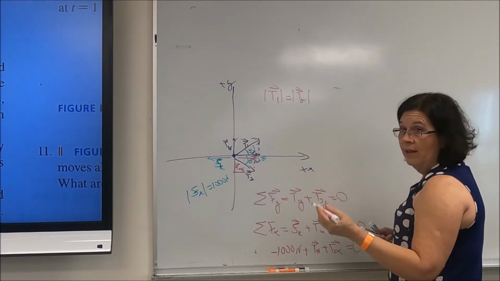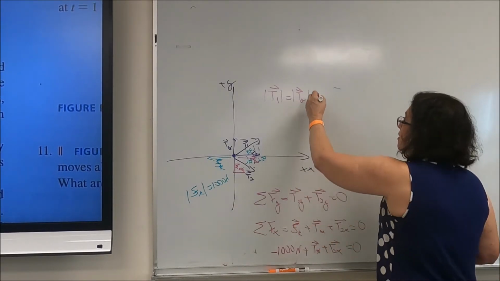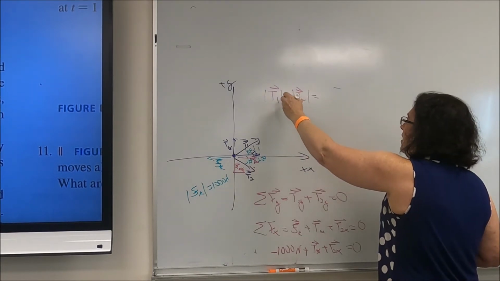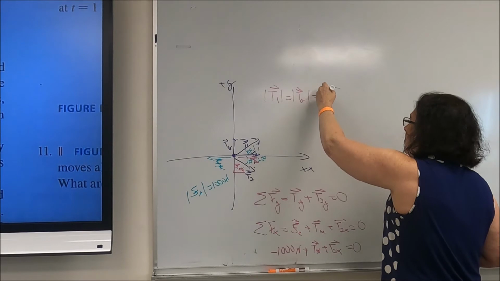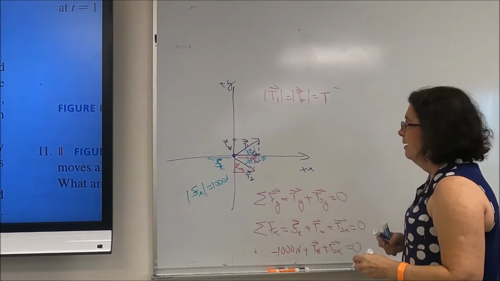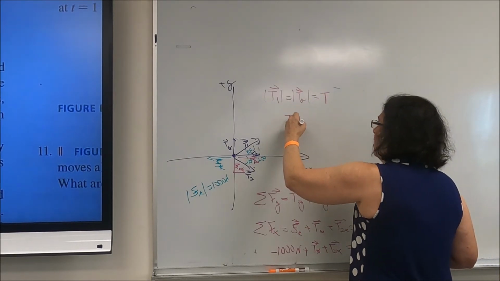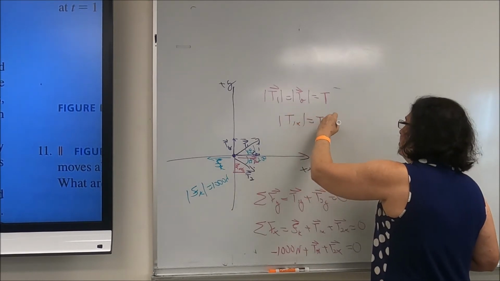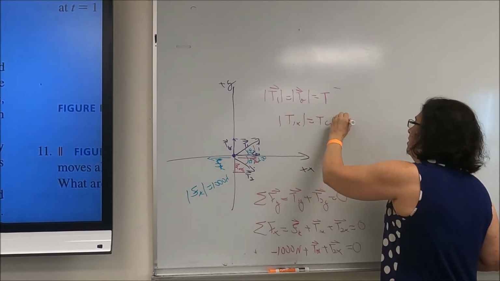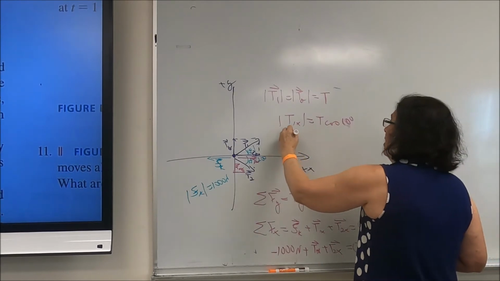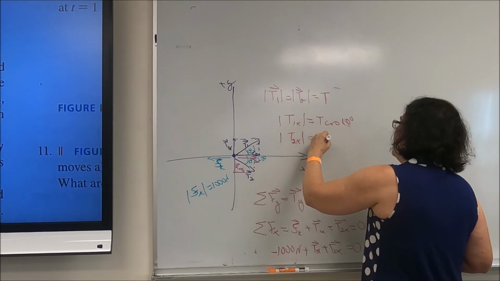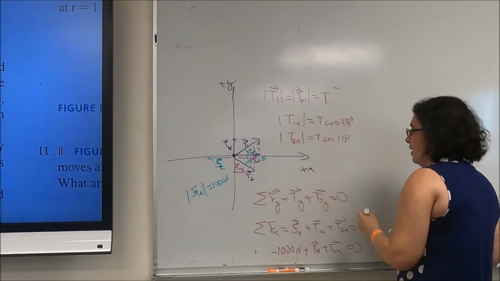Now, here's where a little bit of physics and math come together. T1 and T2 both have the same magnitude. I'm just going to call it T. I know that T1x in magnitude is equal to T cosine of 10 degrees. Also know the magnitude of T2x is going to be T cosine 10 degrees.